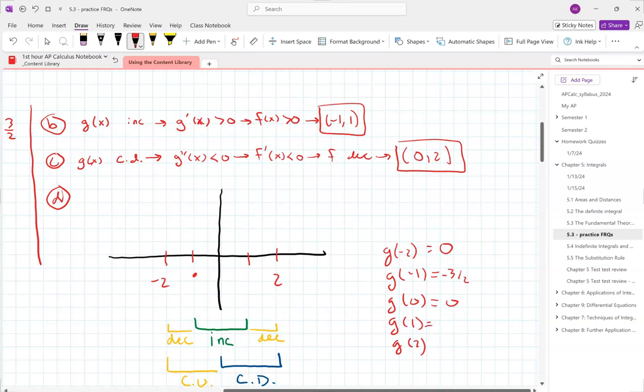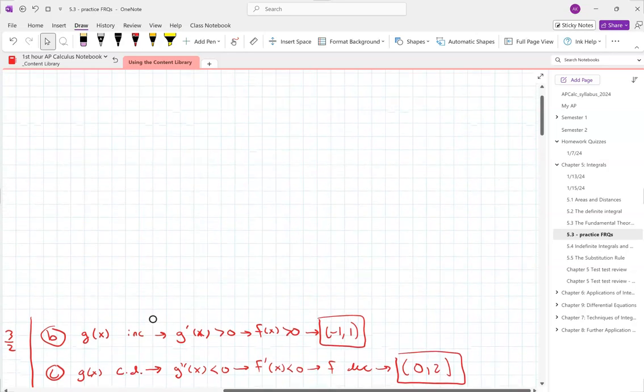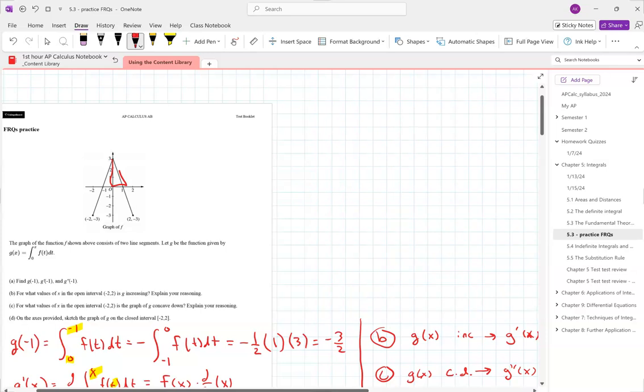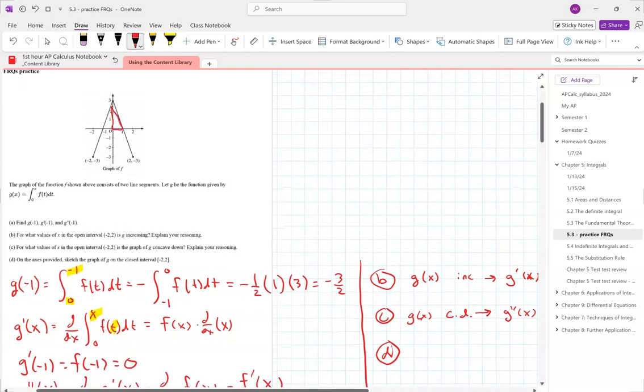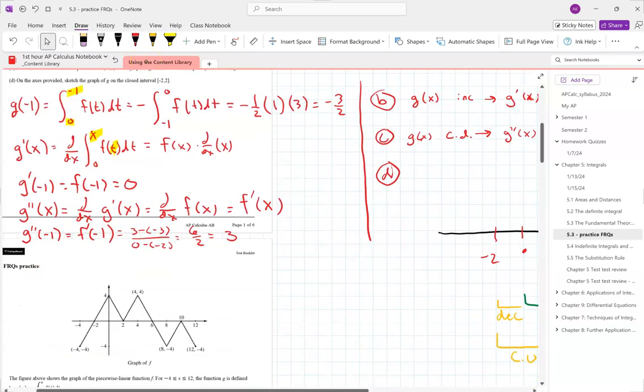If I do g of 1, that's just going to be that triangle with a positive area, right? Because we're going forward. So that should be 3 over 2. And if I go all the way out to 2, I'd have this triangle and also that triangle, which cancel out. So that should be 0.